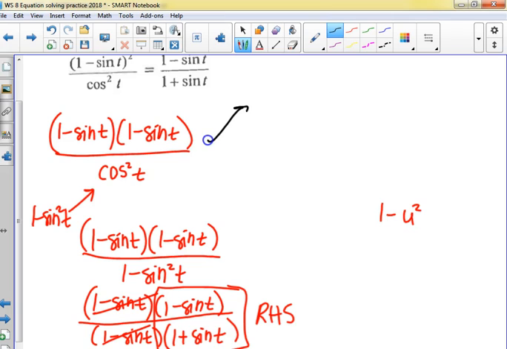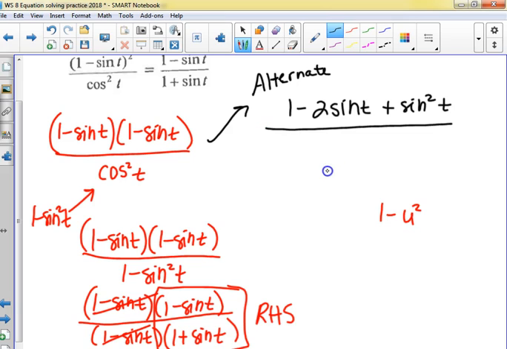Well, I'm thinking, how would this have foiled together, just as an alternate way to solve this? When you factor that together, you'd get 1 minus 2 sine of t plus sine times sine would be sine squared.